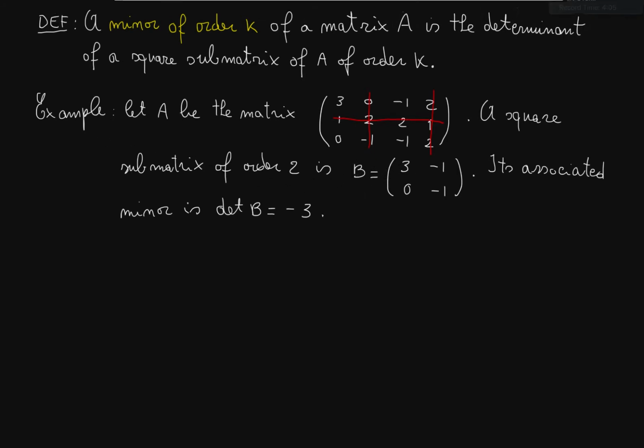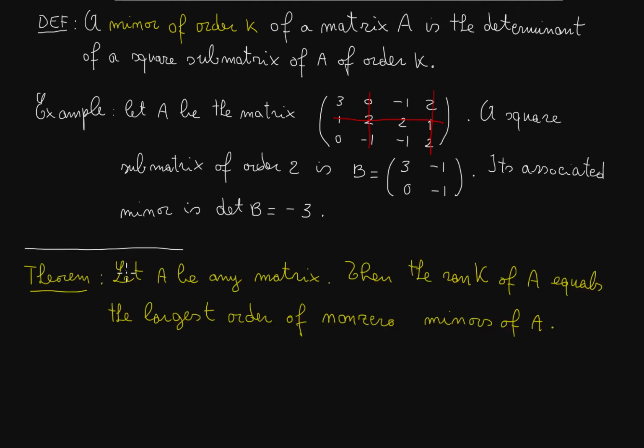We now state the theorem that links the concept of minors of a matrix A to the rank of the same matrix. Let A be any matrix, then the rank of A equals the largest order of non-zero minors of A. As you can see, the concept of determinant is playing a role through the definition of minor.